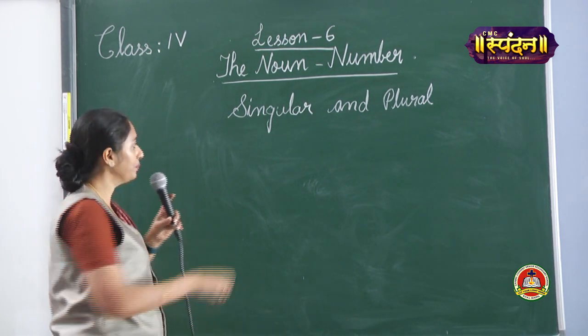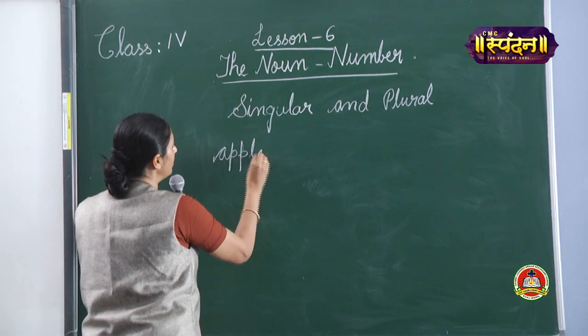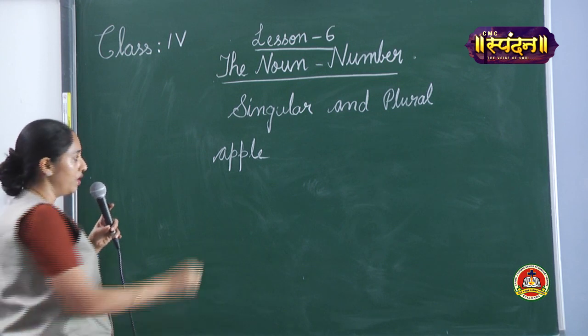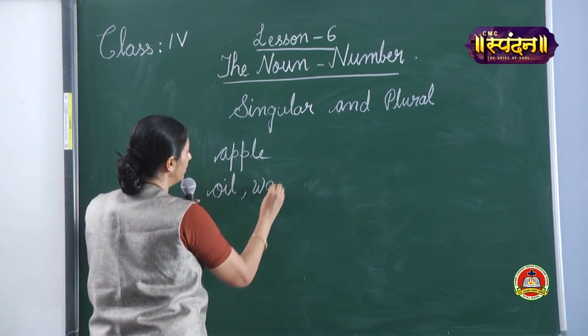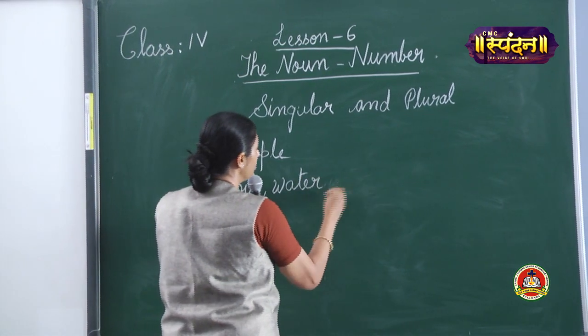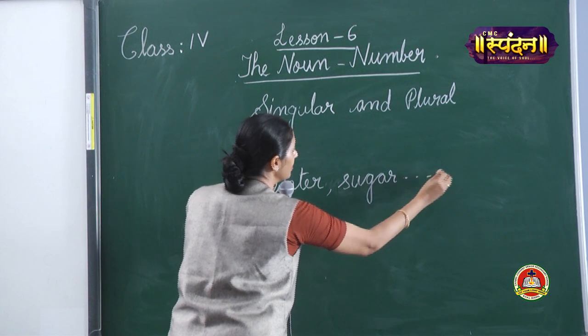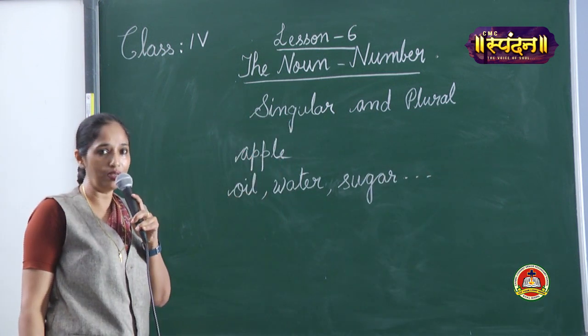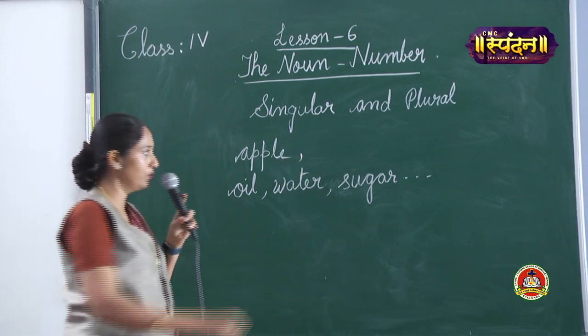For example, apple is a countable noun, whereas oil, water, sugar, etc. are uncountable nouns. We can add more examples to countable nouns.